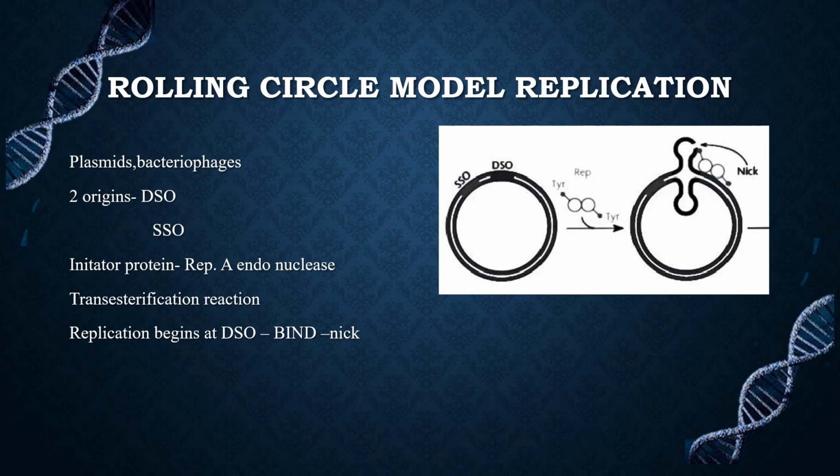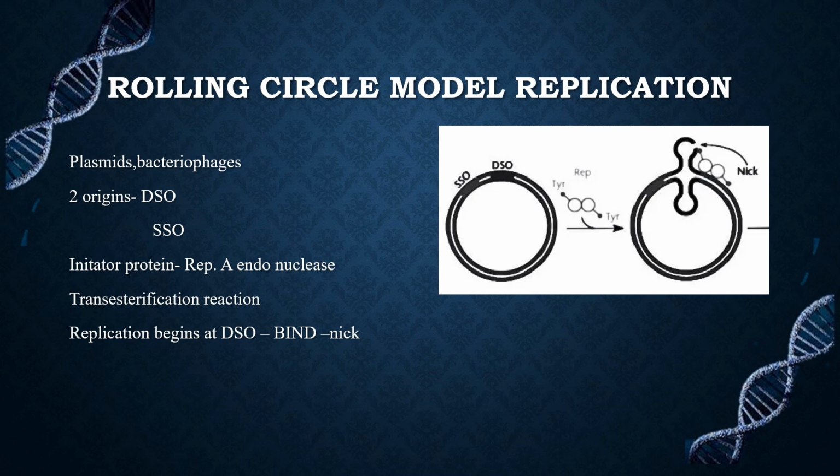Origins are recognized by their three-dimensional shapes. Mainly the double strand origin contains a cruciform DNA, that is formed by a palindromic sequence in double-stranded DNA. In the case of the single strand origin, they have a hairpin formed by a palindromic sequence in single strand DNA.